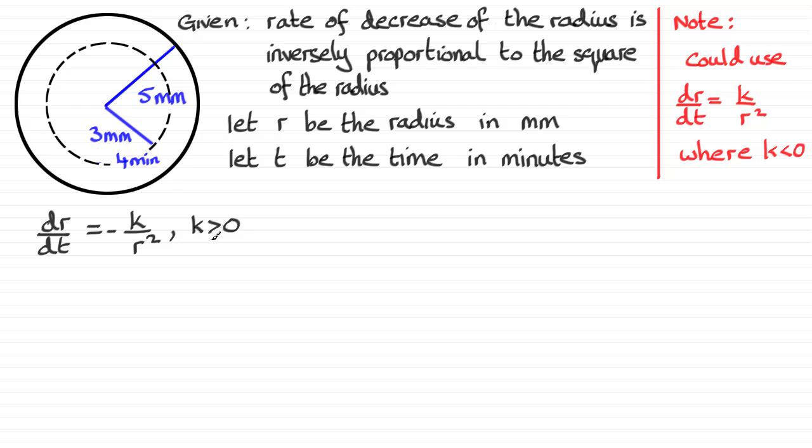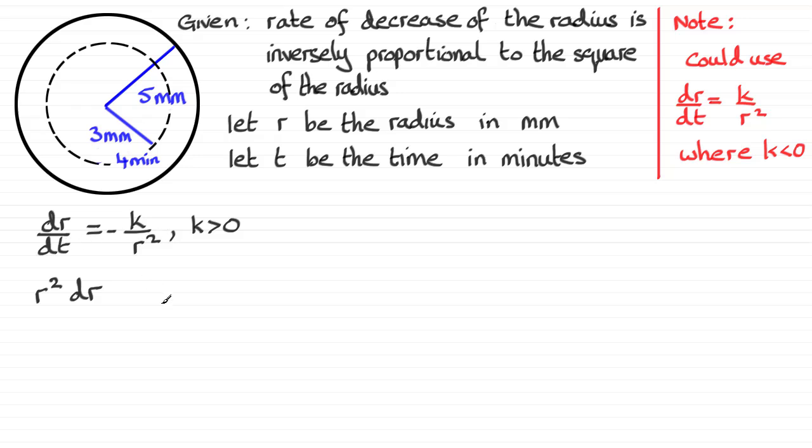Okay, so in order to solve this, we've got to separate the variables. By that, we need to put the r's on one side and the t's on the other. So if I rearrange this, I could multiply both sides by r squared, and I'm going to get r squared dr, and I'm going to remove the dt.